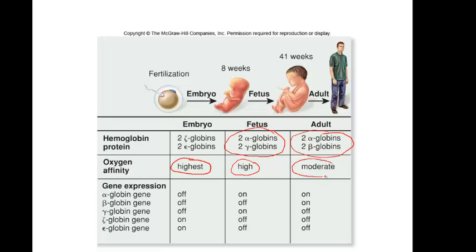We have moderate affinity for oxygen because the requirement is not as important as it is during the earliest stages of your life. And so how does this happen? Well, simply, we turn on the genes at the different stages of life that are required to build that hemoglobin. It's very important as we transition from embryo to fetus that certain genes get turned off and certain genes get turned on. So this is very well coordinated, and it's very important in this example of cell differentiation and development.